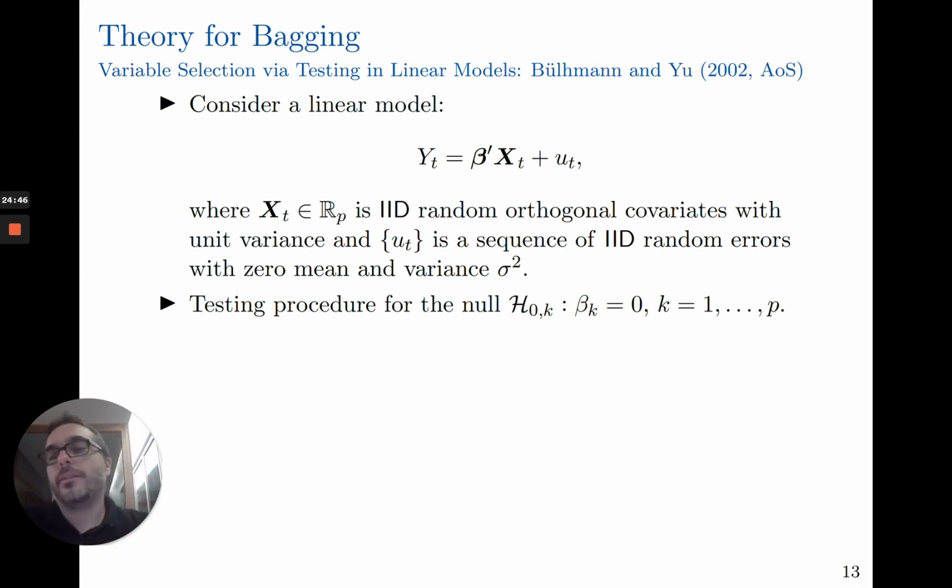If we reject the null, we keep it, okay? And we do this in a sequence to select the model. If the coefficients are either too big or exactly equal to 0, so if we can split these two groups, then this procedure eventually will work.